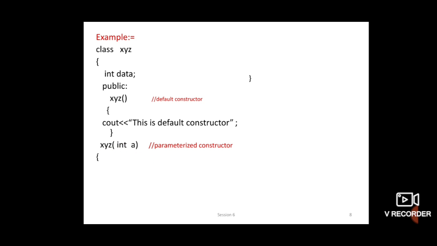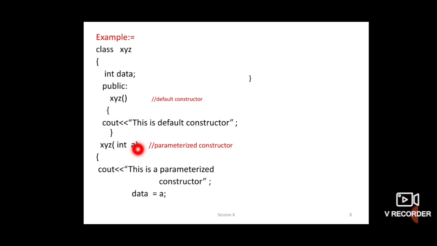Now in this parameterized constructor, just print: This is a parameterized constructor. Now data is equal to A. Data is a global variable. Under this class the data variable is declared, and A is a local variable for this parameterized constructor.